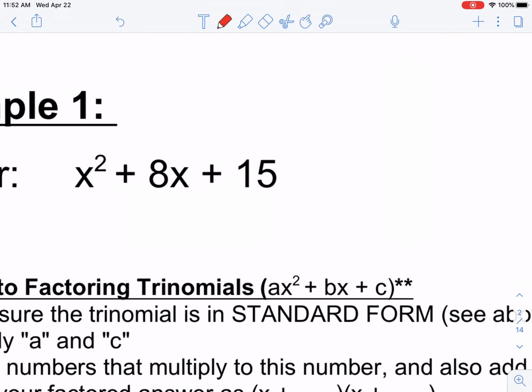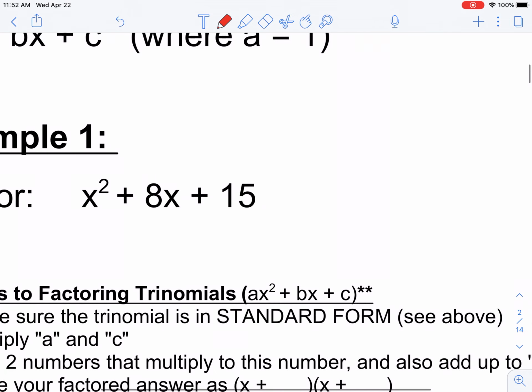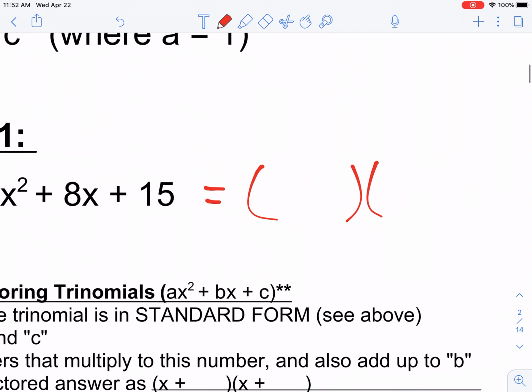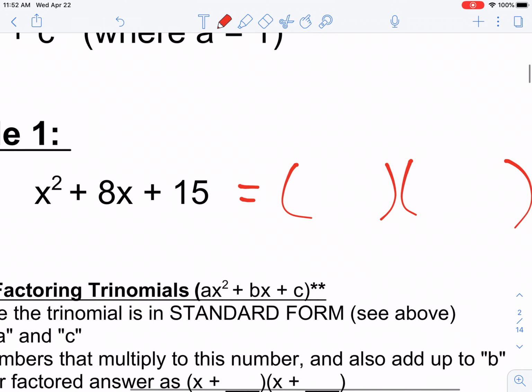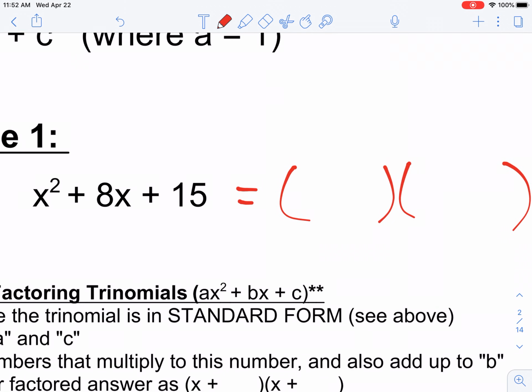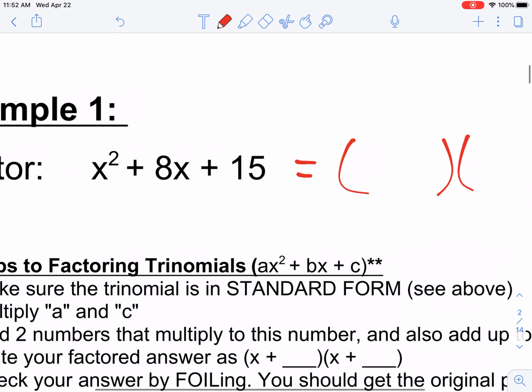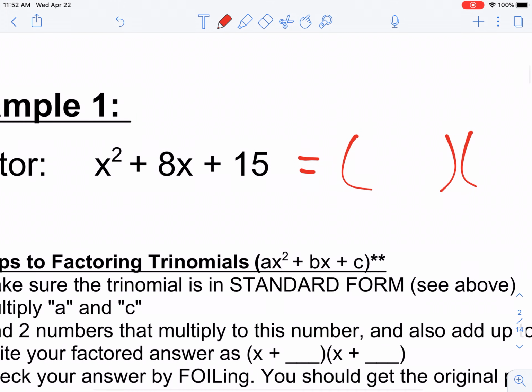Ready? X squared plus 8x plus 15. Our goal is to write this as two smaller binomials being multiplied. Okay? And here's what you do. You need to think in your head, or you could use a calculator, it doesn't matter. Two numbers that add up to the middle number.